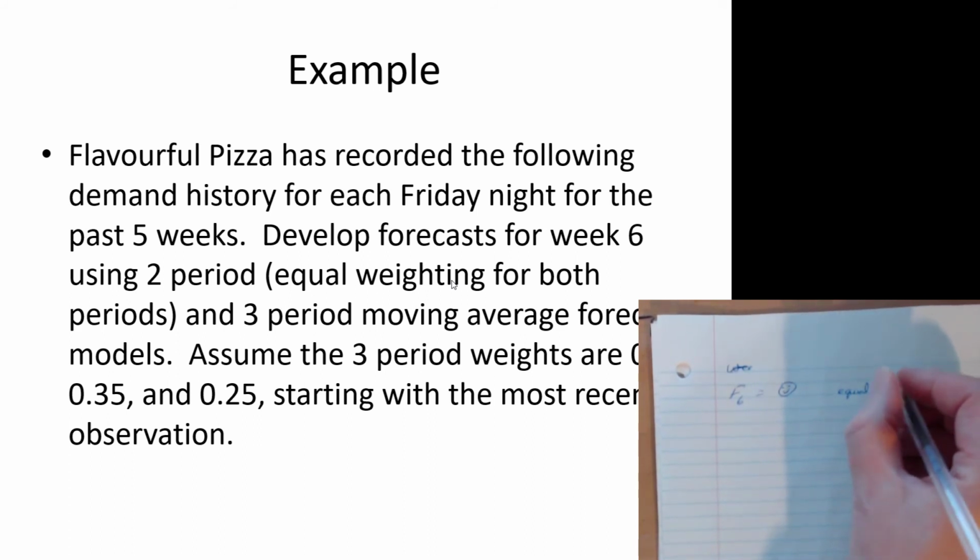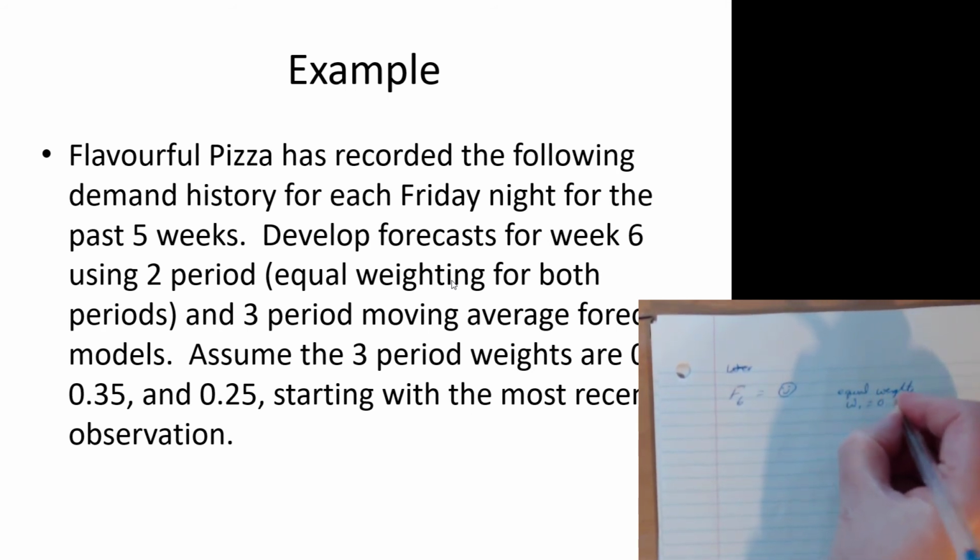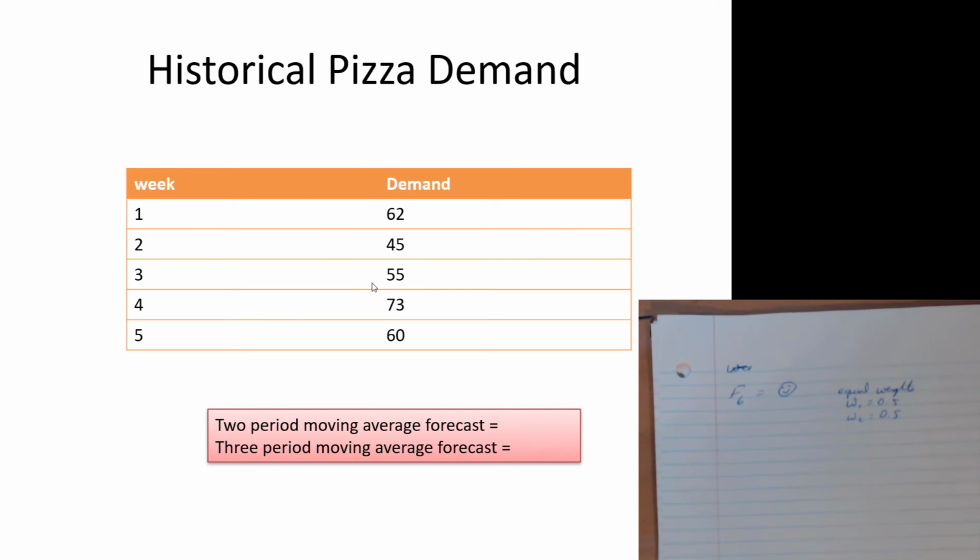Okay. So the first case is we're going to assume equal weighting for both periods, and that's essentially the simple moving average. Equal weights. So weight 1 is equal to 0.5. Weight 2, 0.5. Okay, now we need some data. So we look at our data, and there's our demand for the respective period. When we think of period 3, we need 2 periods in order to make a forecast.